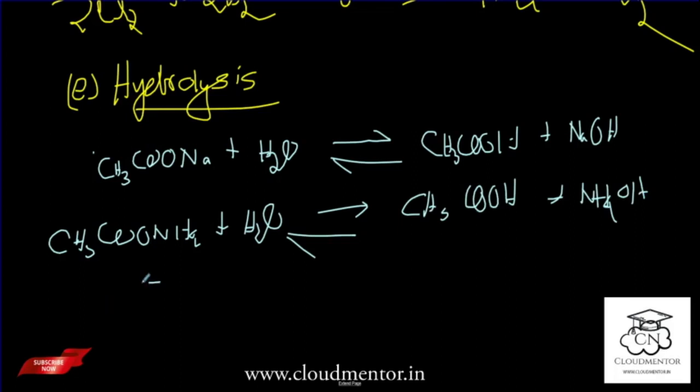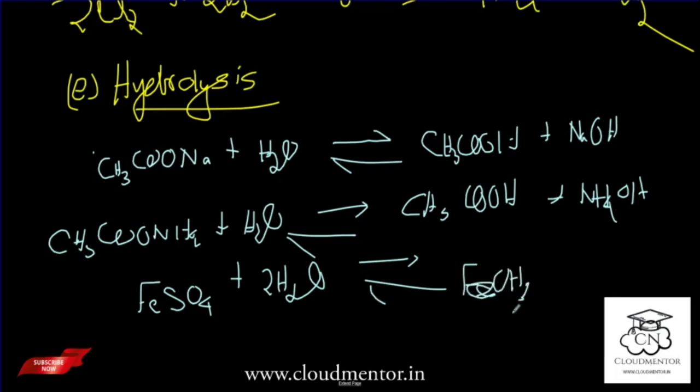And FeSO4 plus 2H2O giving Fe(OH)2 and H2SO4.